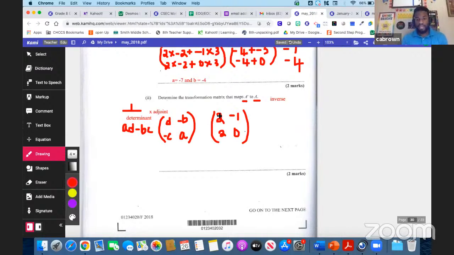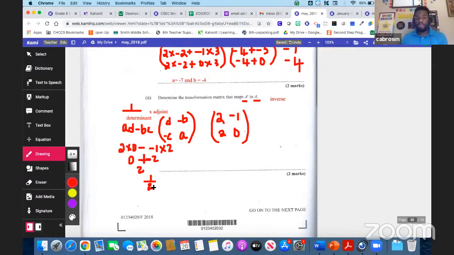The determinant is a times d, so that's 2 times 0, minus b, and in this case, b is -1, times 2. 2 times 0, that's 0, minus -2. Two negatives will give us a positive, so 0 plus 2 is 2. So that part, 1 over the determinant, will be equal to a half.